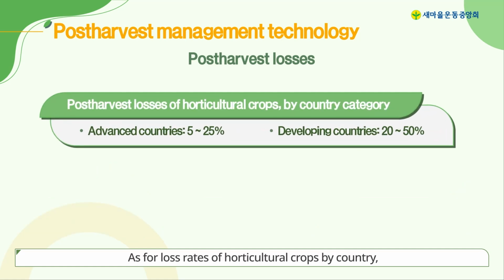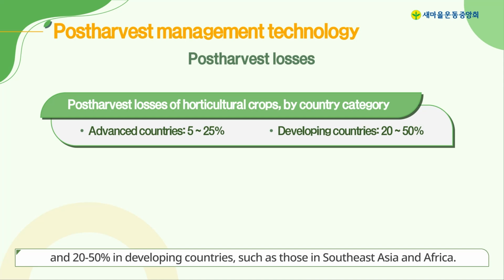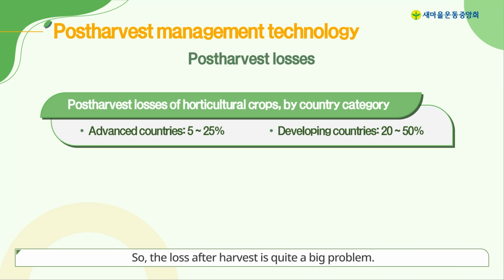As for loss rates of horticultural crops by country, it is 5 to 25% in developed countries and 20 to 50% in developing countries, such as those in Southeast Asia and Africa. So the loss after harvest is quite a big problem.